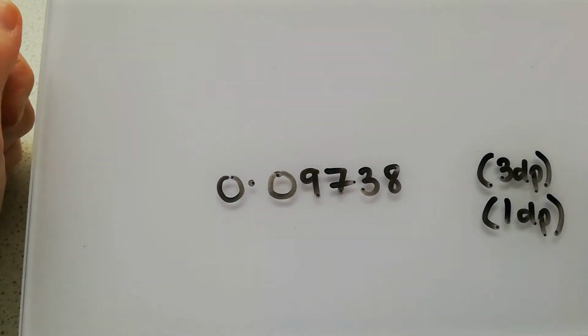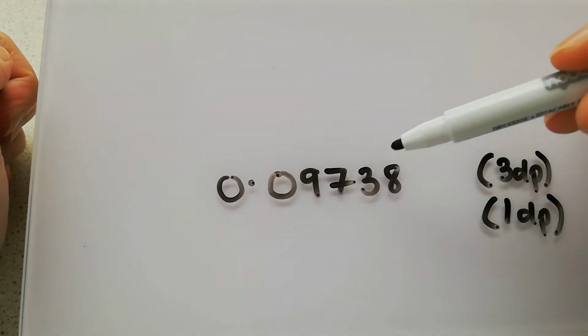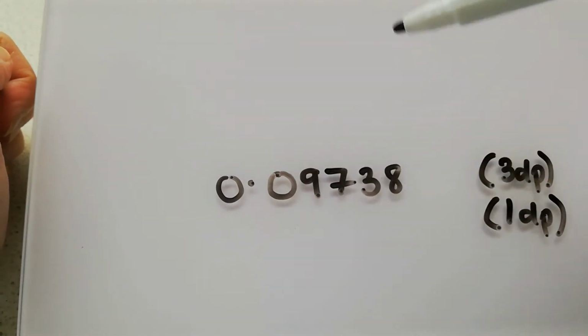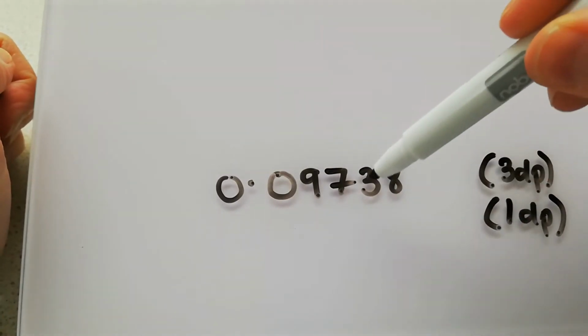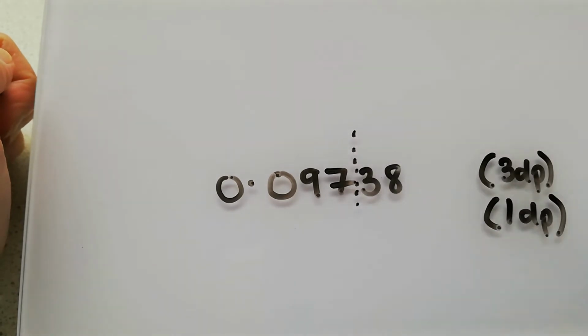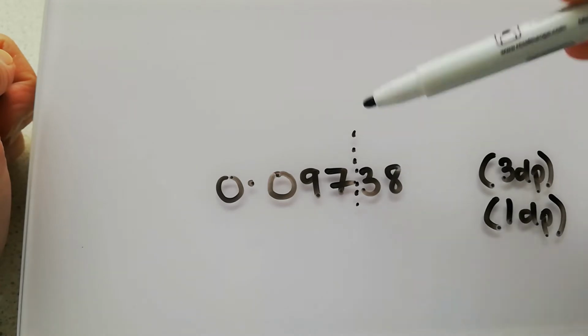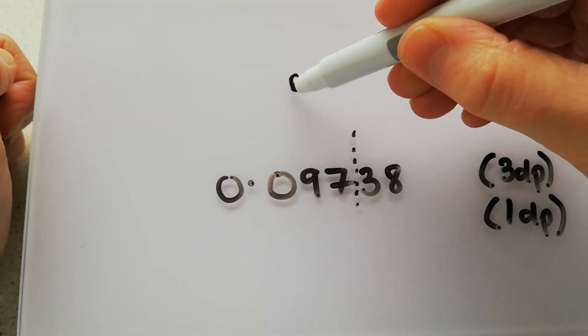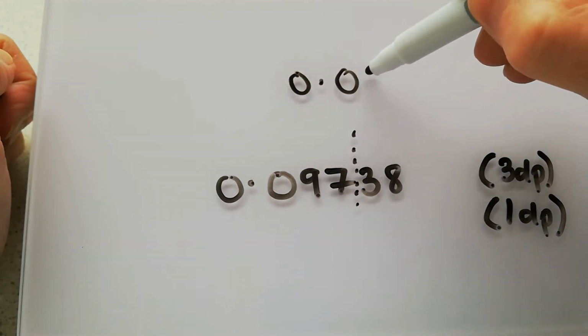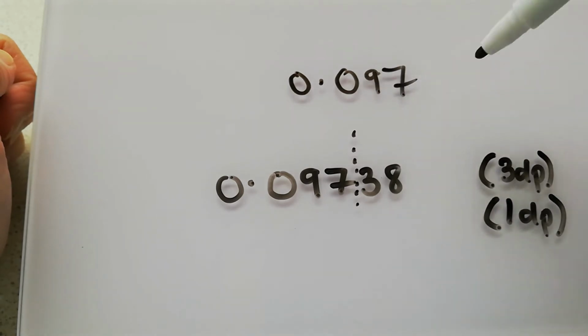So the next one, if I wanted this number to 3 decimal places, I'd make my cut after the 1st, 2nd, 3rd decimal place. And to the right of the line, I've got a number that's less than 5, so everything would stay as it is. So 0.097 is the answer to 3 decimal places.